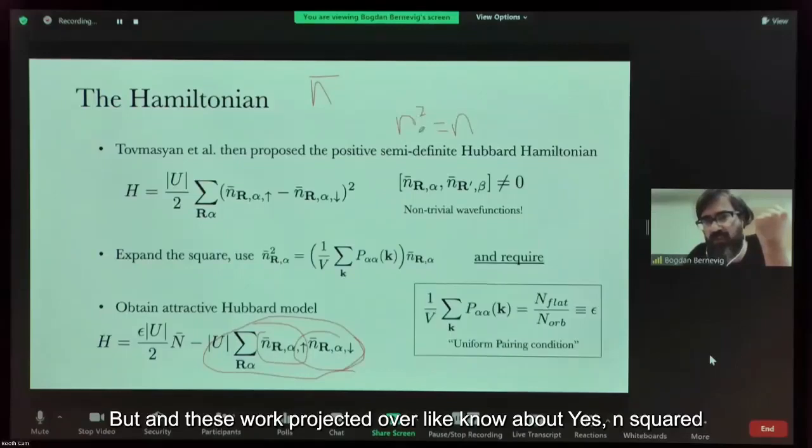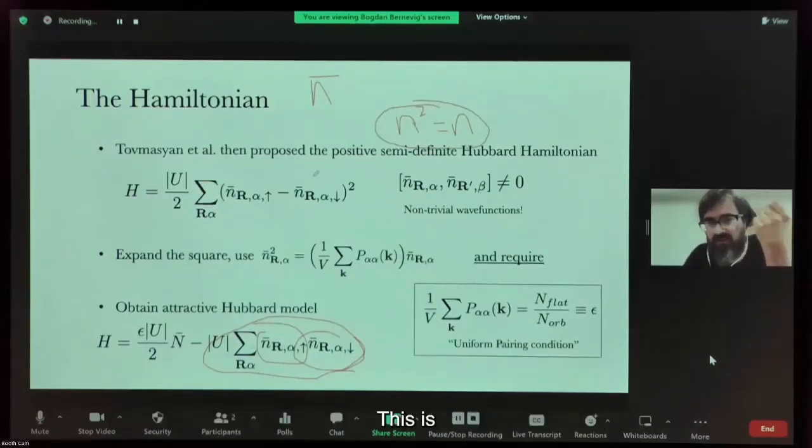These are the normal operators, and the normal operators commute. So n at r alpha and r beta, the commutator is equal to 0, whereas these guys don't commute.